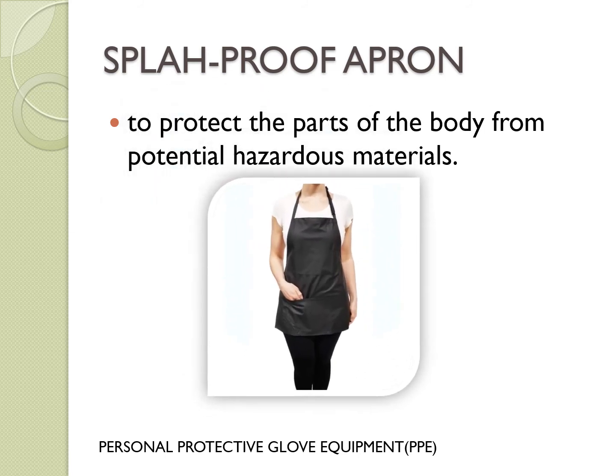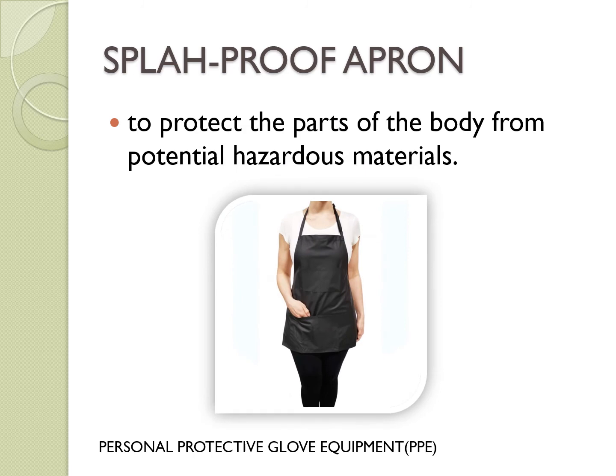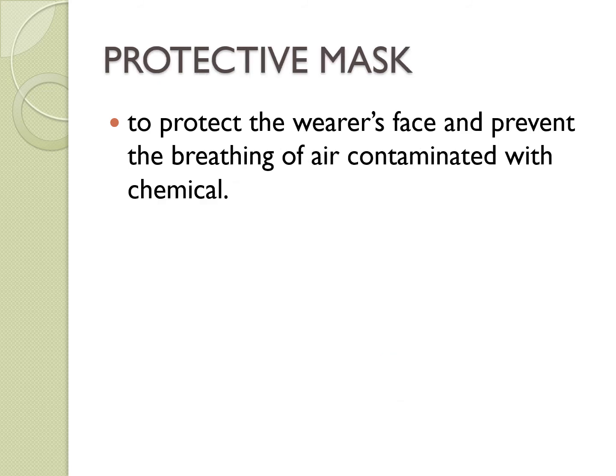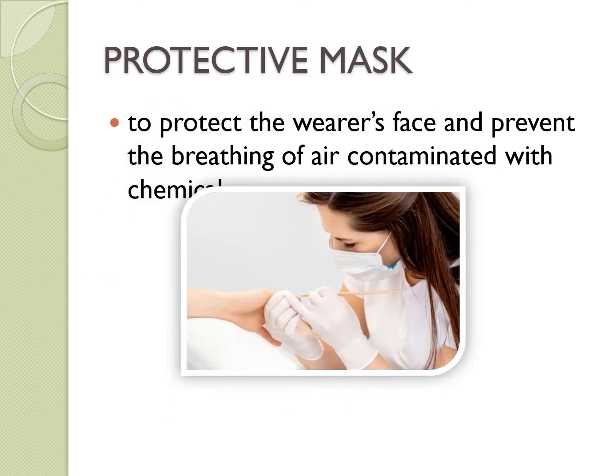And because they also use hazardous chemicals, nail care services require wearing an apron. Also, the protective mask. It is used to protect the wearer's face and prevent the breathing of air contaminated with chemical.